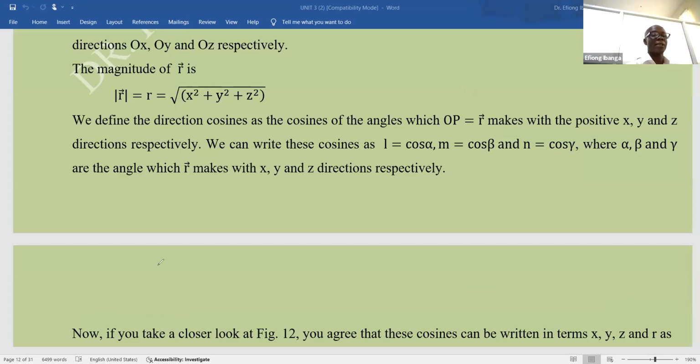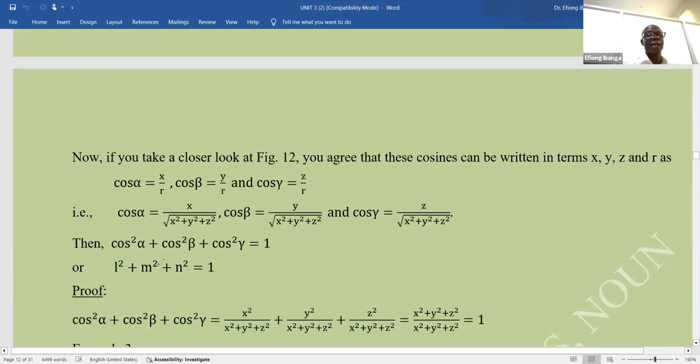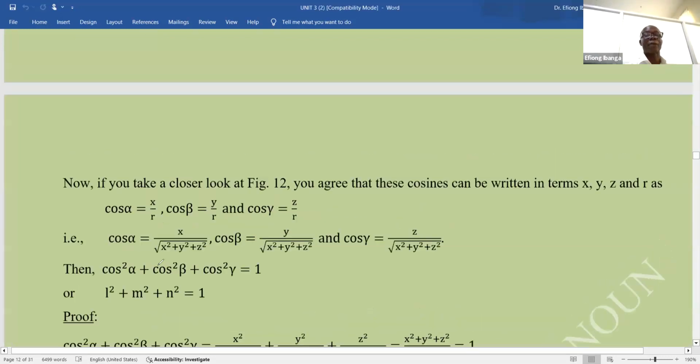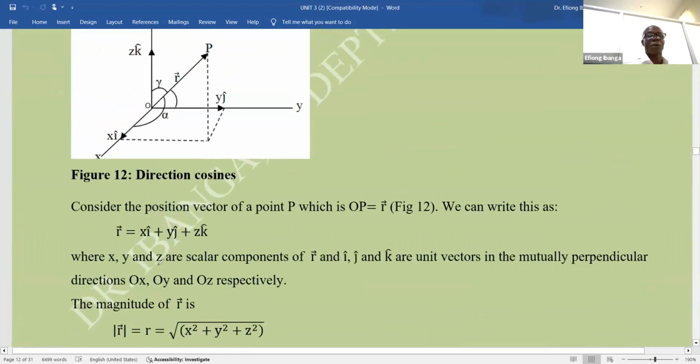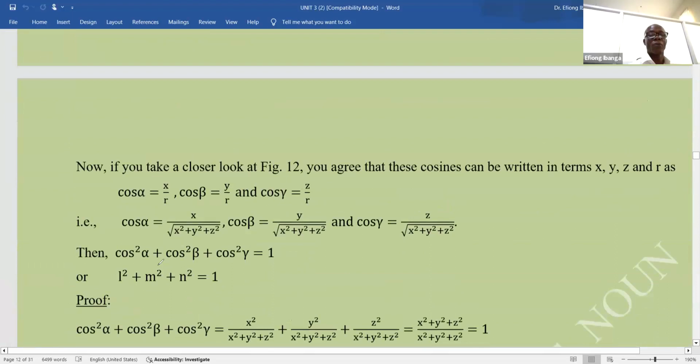So the next stage that we are going to write is just that. Look at it there. If you take a closer look at that figure, this is my figure. You agree that these cosines can be written in terms of X, Y, and Z and R as this, isn't it?